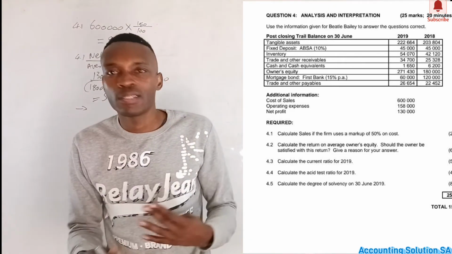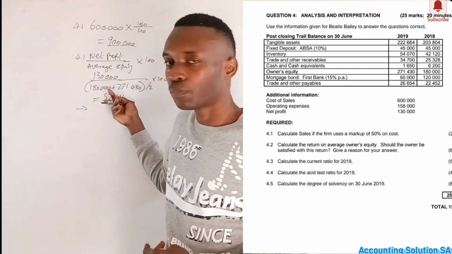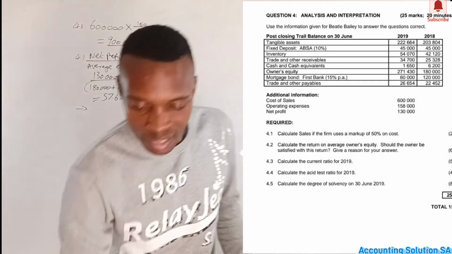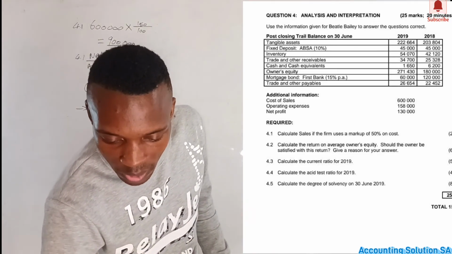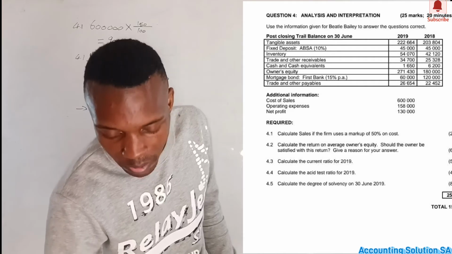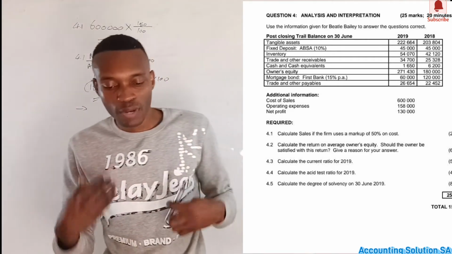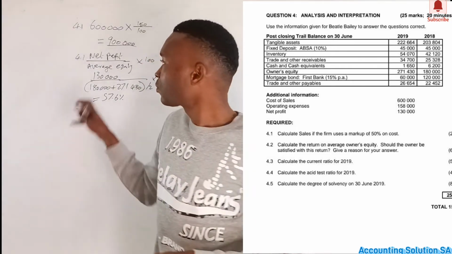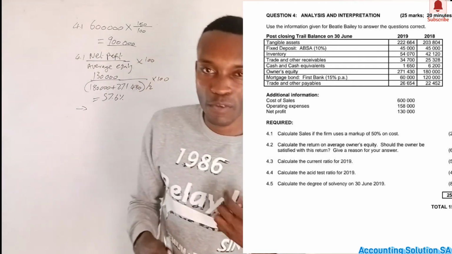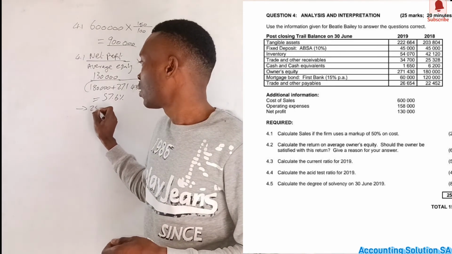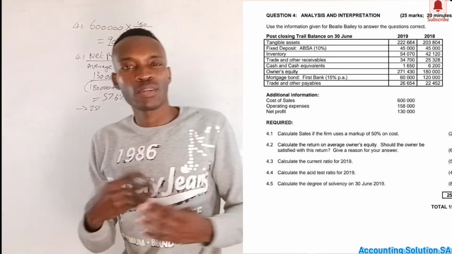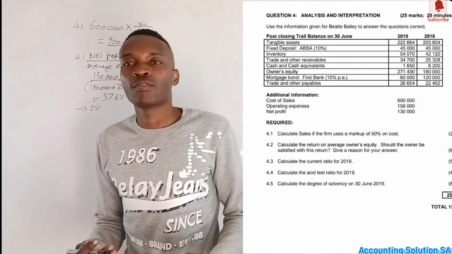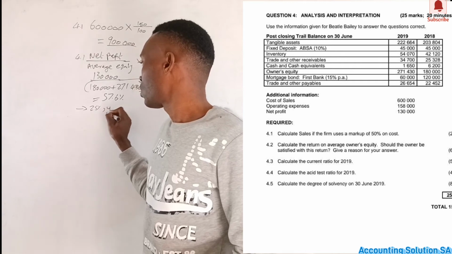Now it's time to comment. How are we going to interpret this? Is 50% good? Remember, in this case, we are not given any amount for last year, as you can see on the question paper. Yes, this is good. Why? A norm for return is 25%. If at least the owner is getting 25% or more, that's good enough, which means that the owner is going to be satisfied.